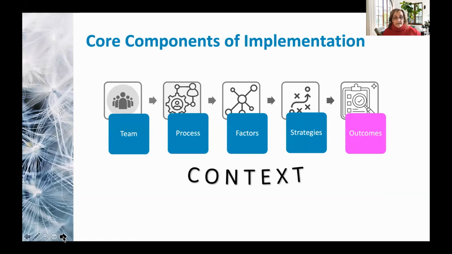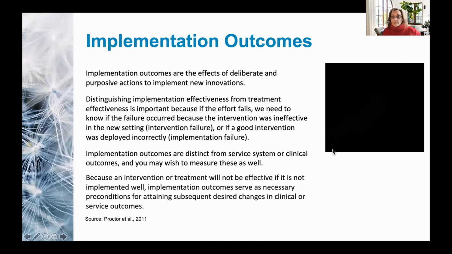And then the last element in my core components framework are implementation outcomes. Oh, and I probably didn't link this up, so I'll have to dig it out for you in a moment. But implementation outcomes are the outcomes of your implementation process. And this is also another one that the researchers I work with often have difficulty wrapping their heads around because they're so focused on their clinical intervention.